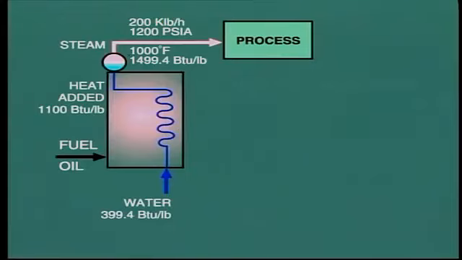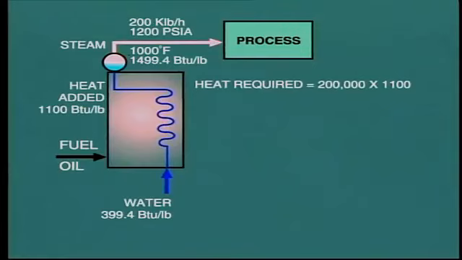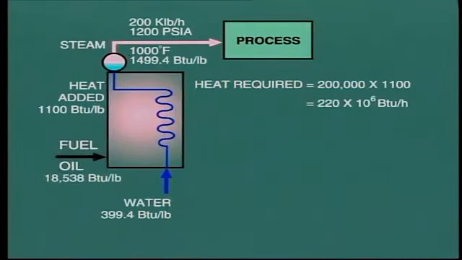The total heat required is 200,000 pounds per hour times 1100 BTU per pound, equals 220 million BTU per hour. All of this heat must come from the combustion of the particular fuel which is supplied to the boiler. In this case, its heat content is 18,538 BTU per pound.